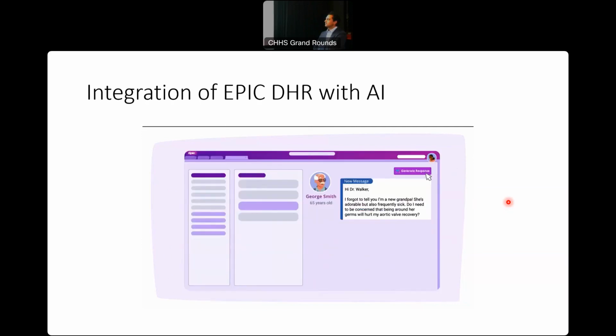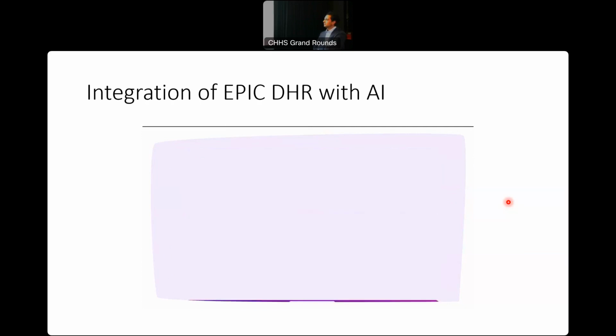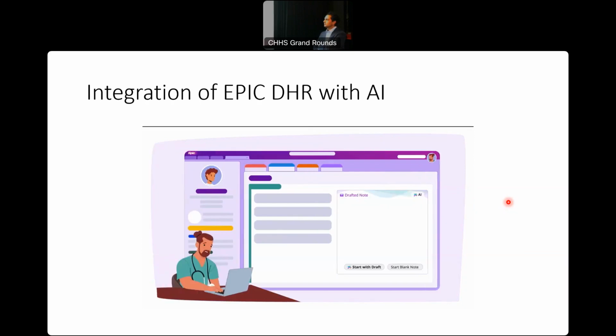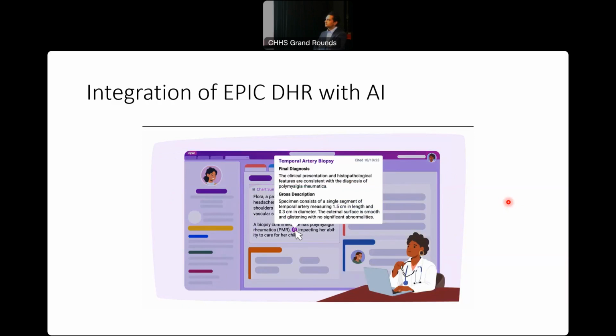For example, with AI, we can draft a response to a patient message, complete with a personal touch. Or nursing, simply over the vascular facet and draft a handoff, freeing up the care team to focus on communicating with each other. In the clinic, the system writes a concise summary of what's happened since the last visit, with links to the full details of the chart, helping providers get up to speed quickly as they move from room to room.